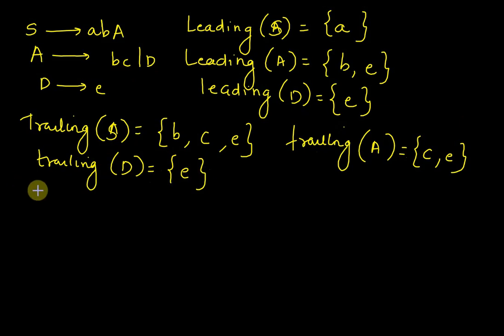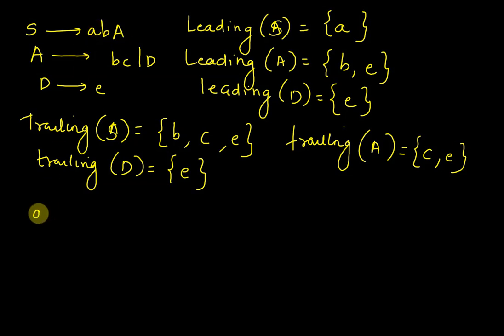Let's proceed with finding the precedence relation between the set of terminal symbols here. The first precedence relation is equal to precedence. So if you see this first production ABA, we can define equal to precedence between these two terminal symbols. Why? Because there is nothing in between these terminal symbols.